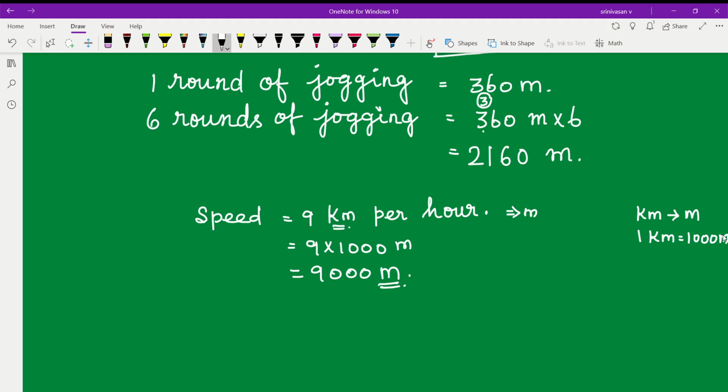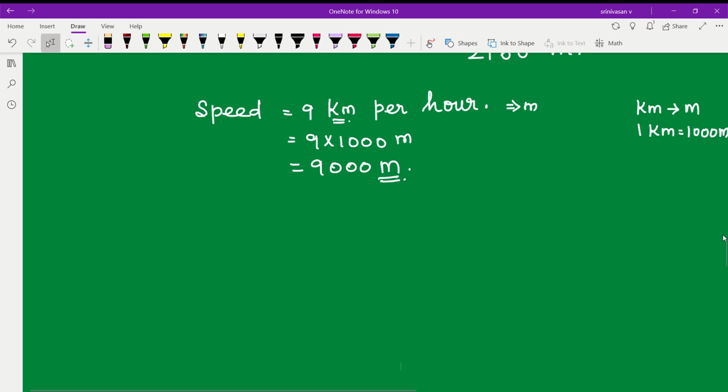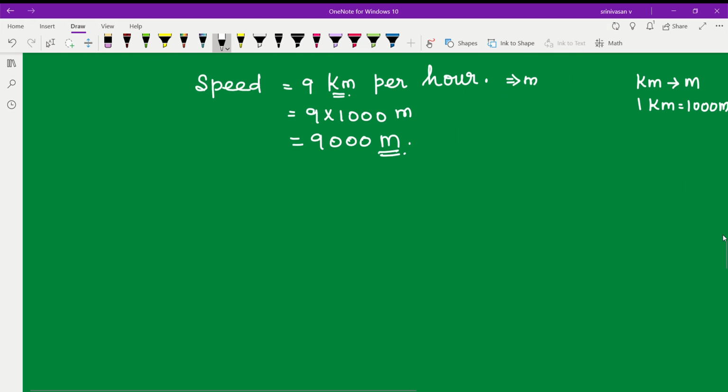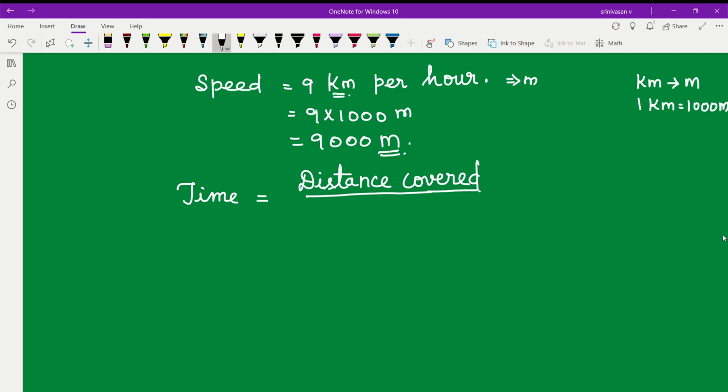Now we are going to find out the time taken for 6 rounds. We have a formula to find out the time. The formula is time equals distance covered by speed.